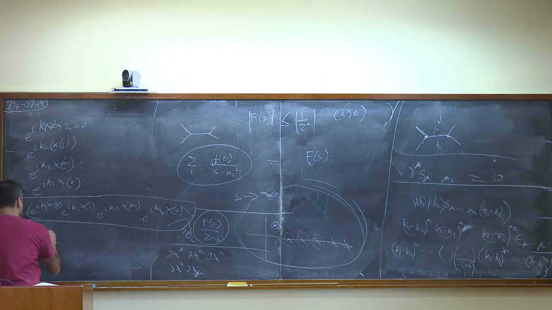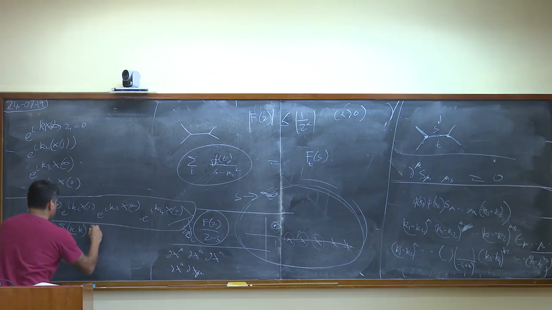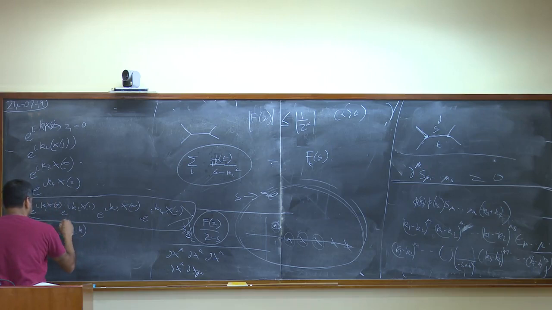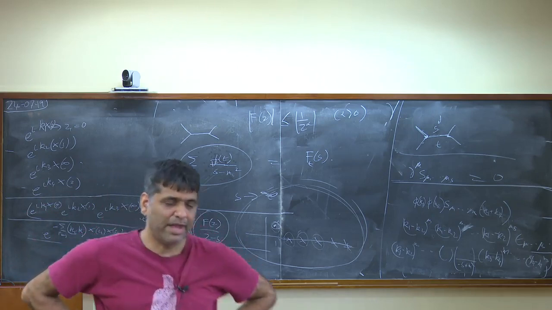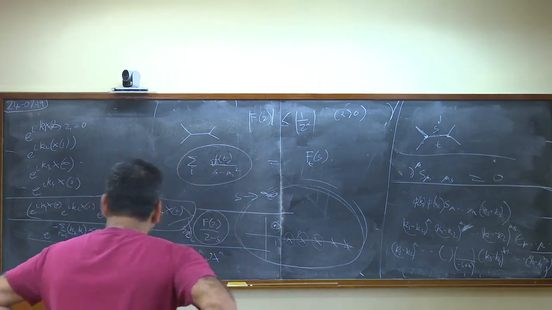So our general formula was e to the power i, sum over pairs, k_i dot k_j, and then minus sign, no factors of 2, so minus sign, x z_i x z_j. Because of normal ordering we won't let i equal j.